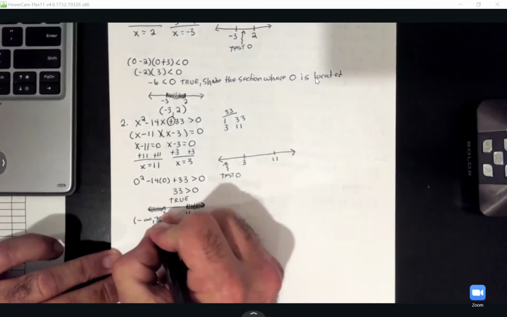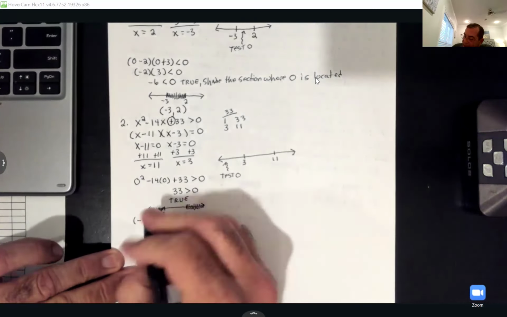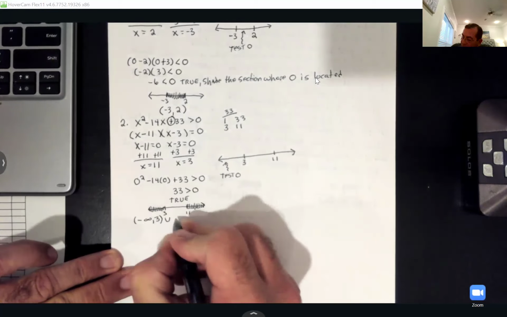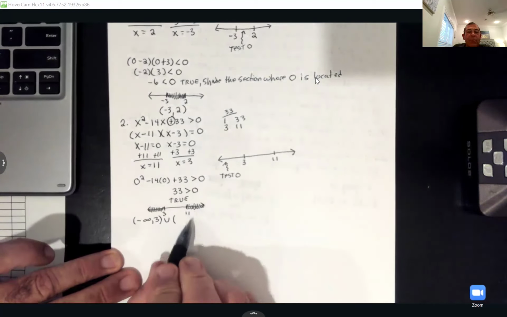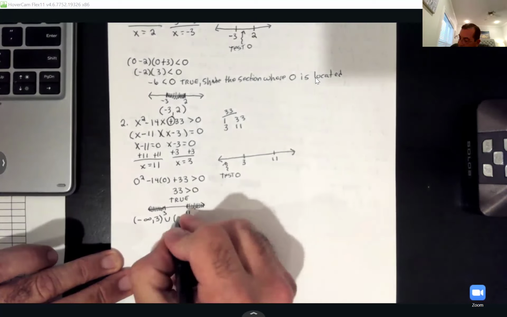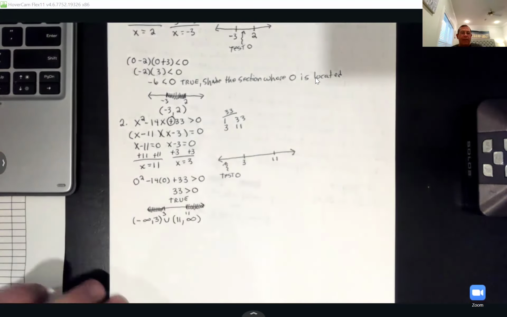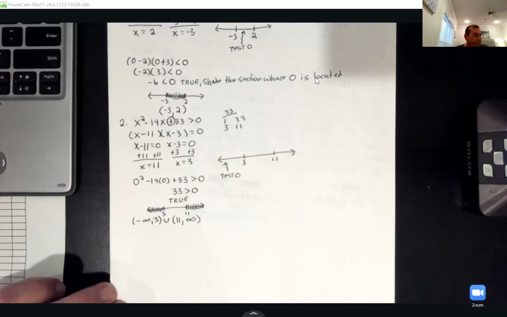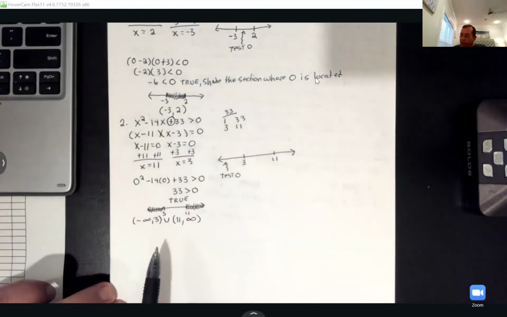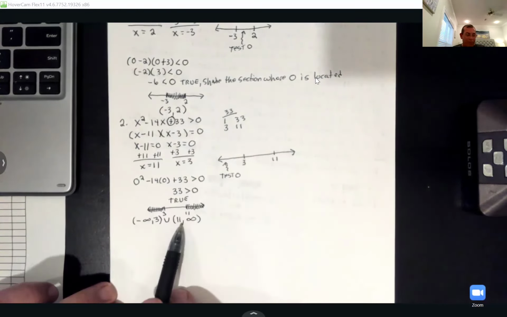Parentheses. All right, so parentheses. So that's that side. And then we union it for the right side, which starts at 11 and heads towards positive infinity. Okay, so notice one shade, one interval. Two shades, two intervals, okay?